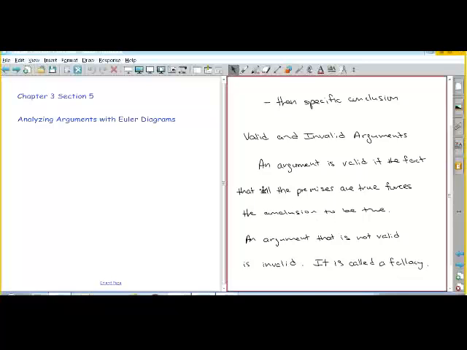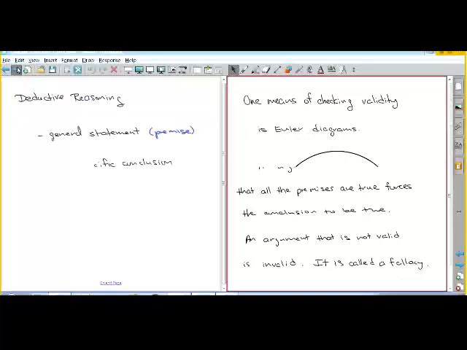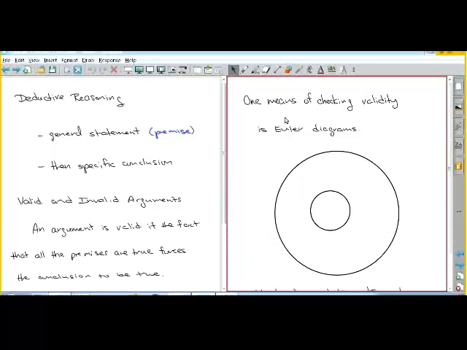The way Euler diagrams work is we use circles. One means of checking validity is using Euler diagrams. We have these circles, and we label the circles according to the first statement that we make, which is this general statement about something or other.